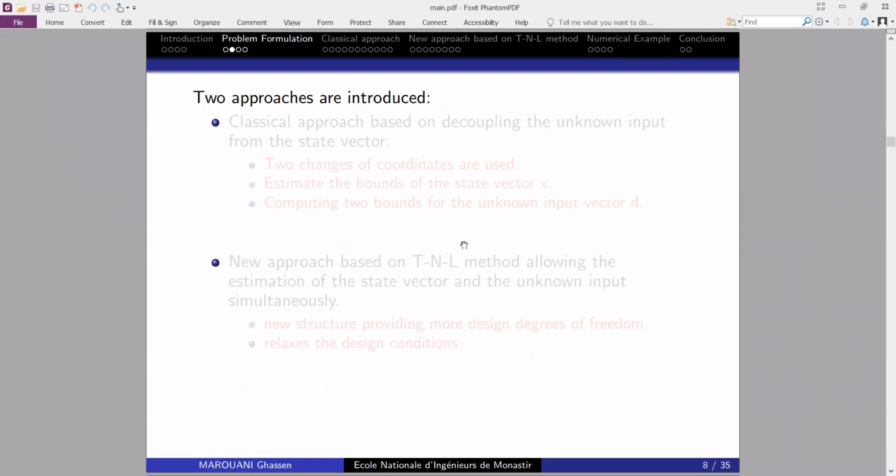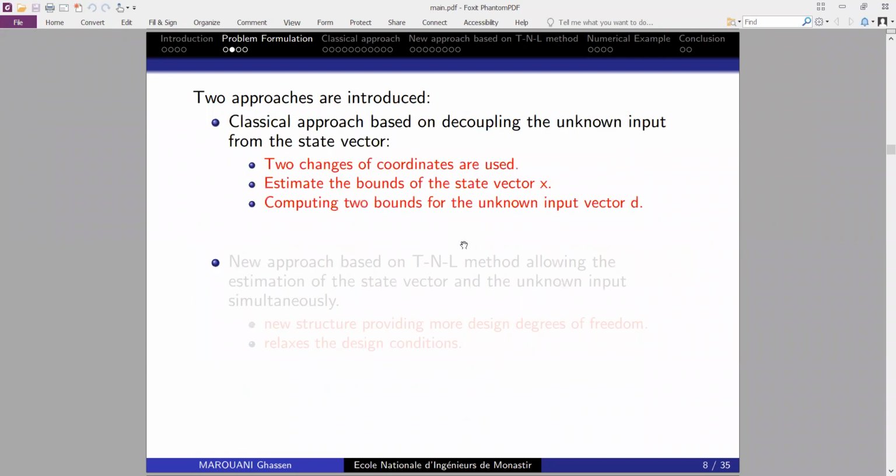So we will introduce two approaches. The first approach is classical, based on decoupling the unknown input from the state vector. This approach is characterized by the use of two changes of coordinates. The first time we estimate the bounds of the state vector, and then we compute the two bounds of the unknown input vector.